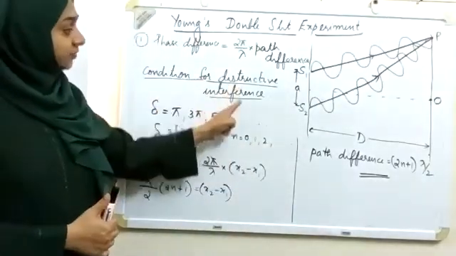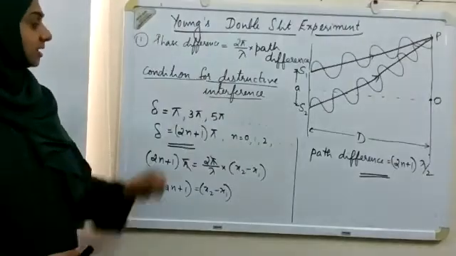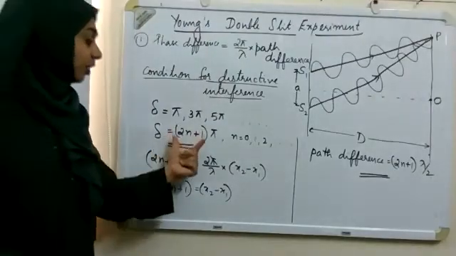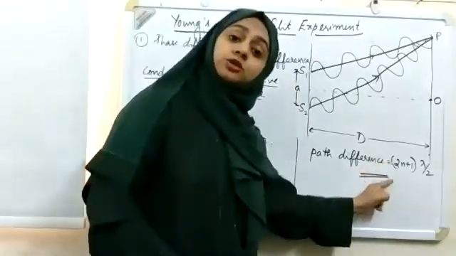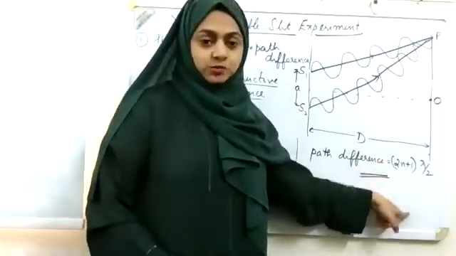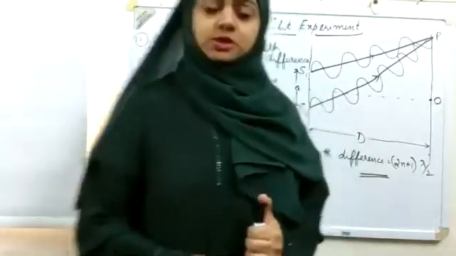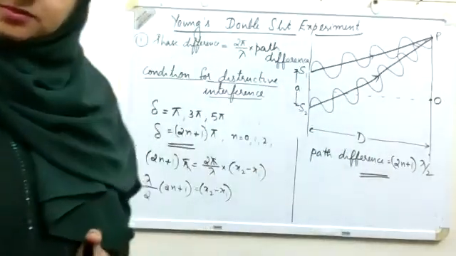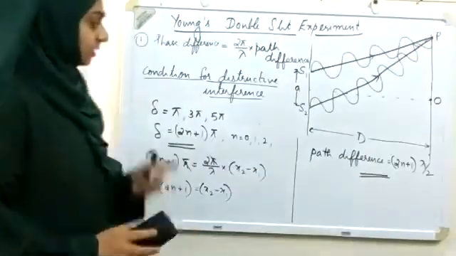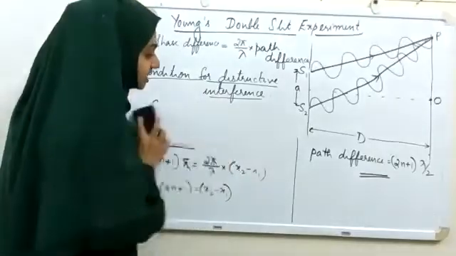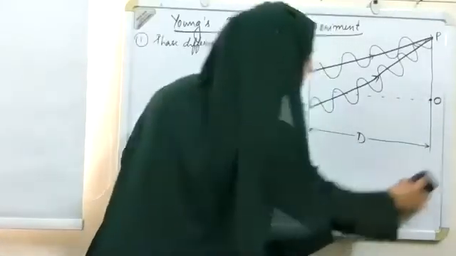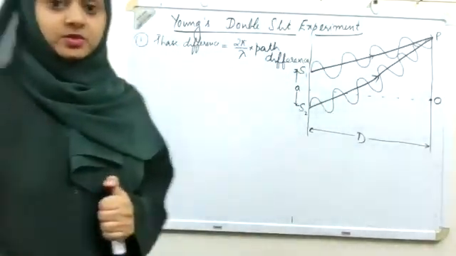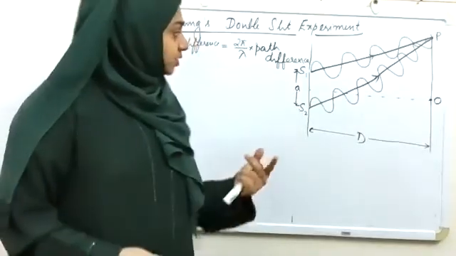For destructive interference, the phase difference should be an odd multiple of pi and the path difference should be an odd multiple of lambda by 2. Can you remember these equations? It will be useful for solving numerical problems. So I will continue.